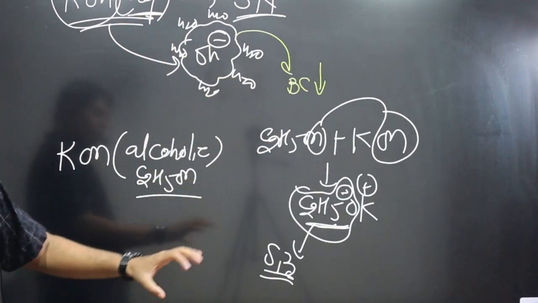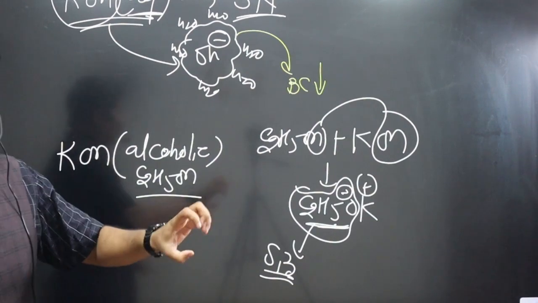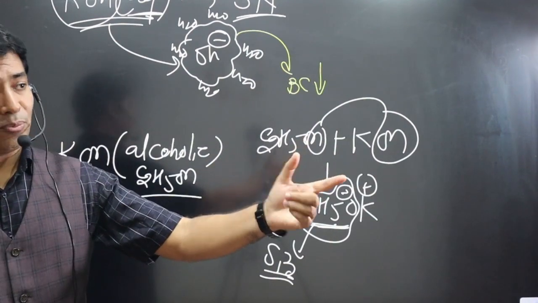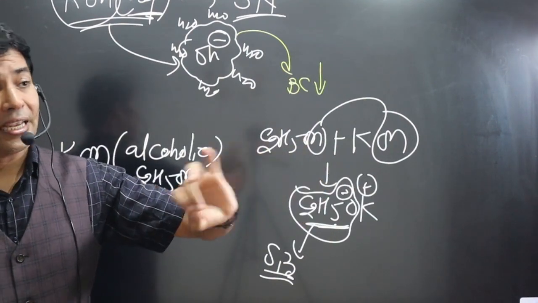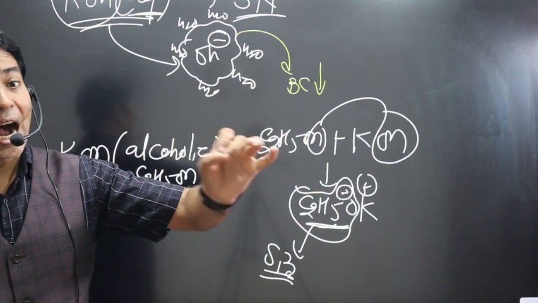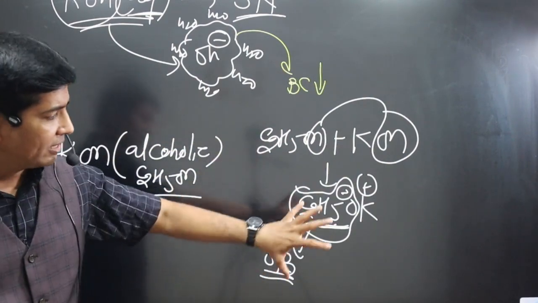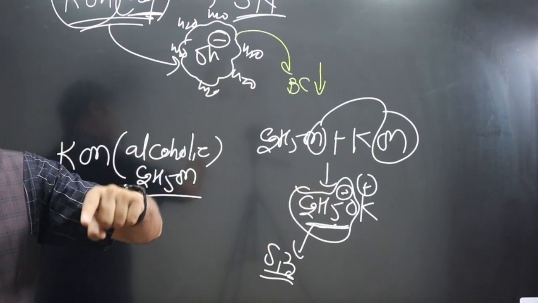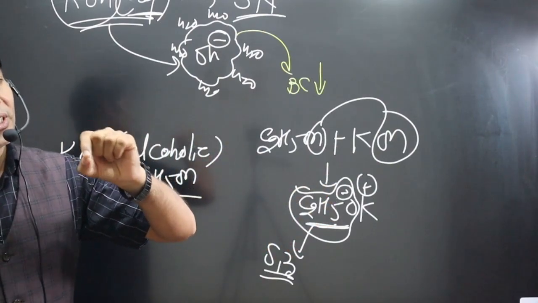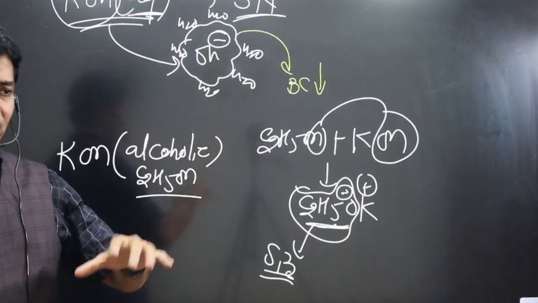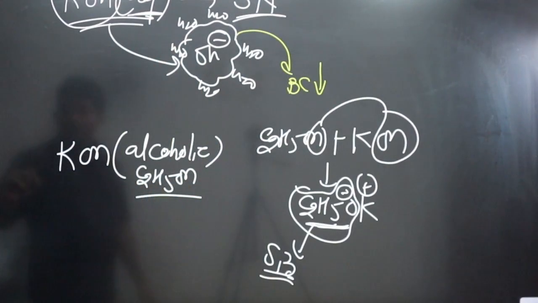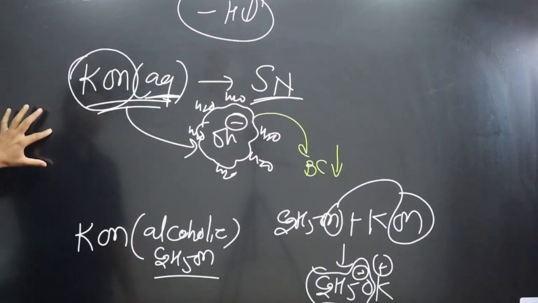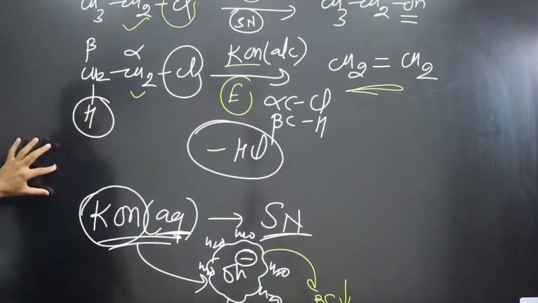That's why it causes dehydrohalogenation, meaning removal of HCl, HBr, HI. These are all acids. So since it is a base and it targets acid, that's why it causes elimination reaction.